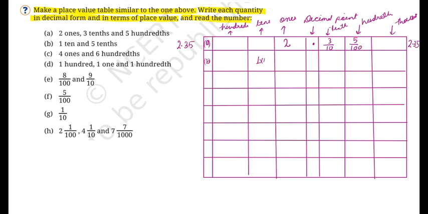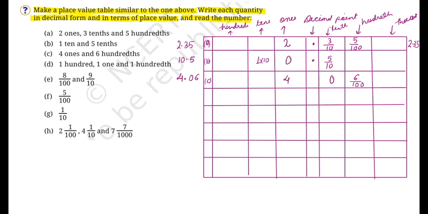So 1 into 10, that would be 10. And 5/10, and decimal point will come. So how would you write it? As 10.5. Then the C part, 4 ones and 6 hundredths. Right? So you will write it as 4.06 because यहाँ पे कुछ भी number tenths में नहीं है. So it is as good as 0.